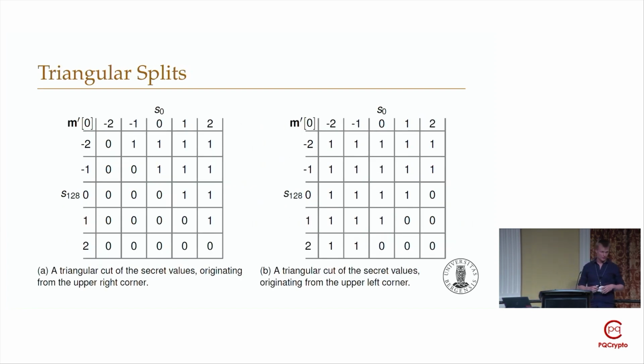Next thing we can do is a triangular split, where we will learn either that the value is within a triangle originating in any corner of the grid, or that it's outside of this triangle. So here we have one that originates in the upper right corner. Here's one that originates in the upper left corner.